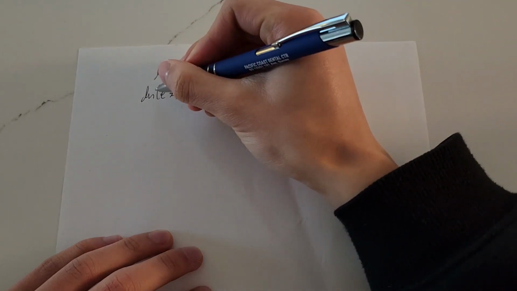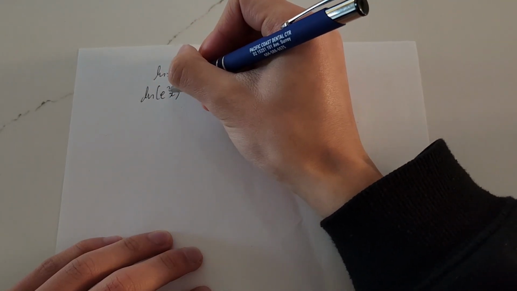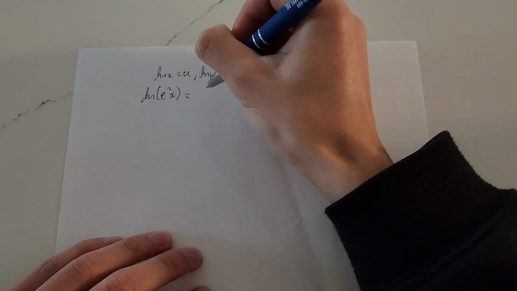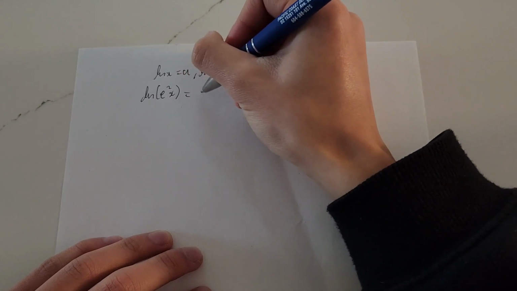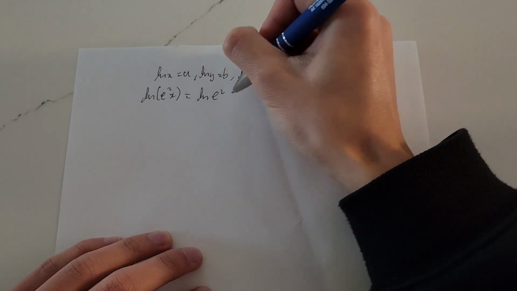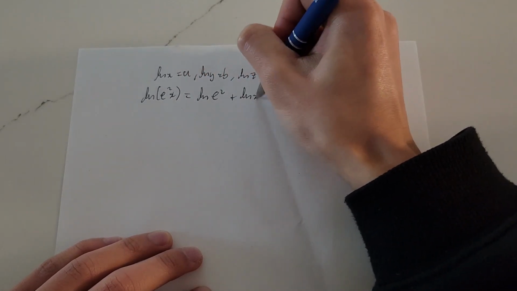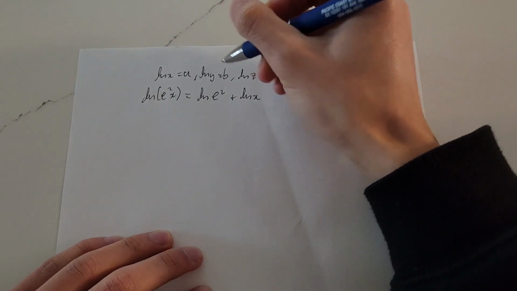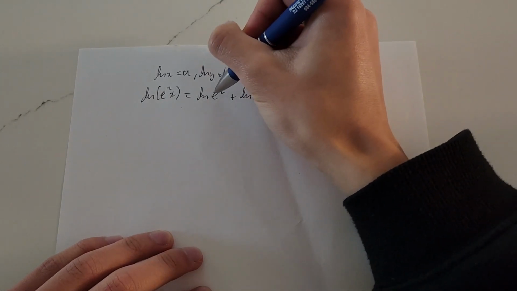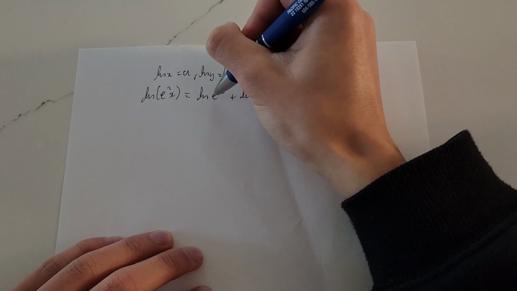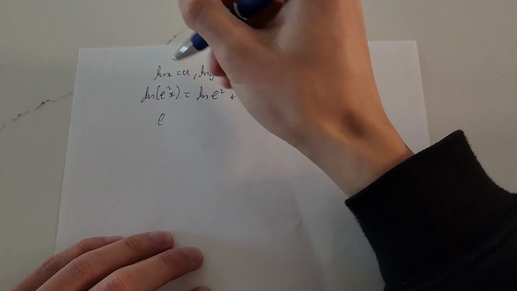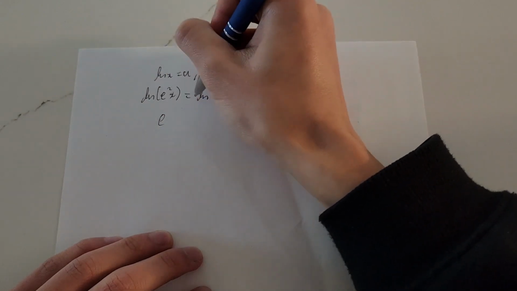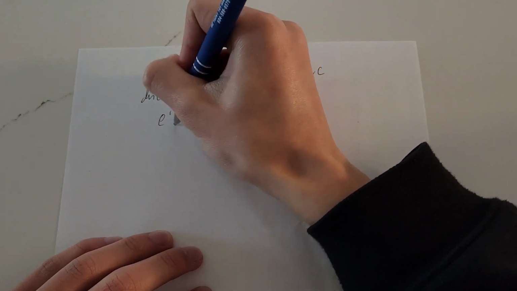So in the question ln of e to the power of 2 times x, we can rewrite this according to the multiplication identity, which is just going to be ln e squared plus ln x. And we know that ln e is going to cancel out. The reason is because e to the power of 1 is always going to equal e.